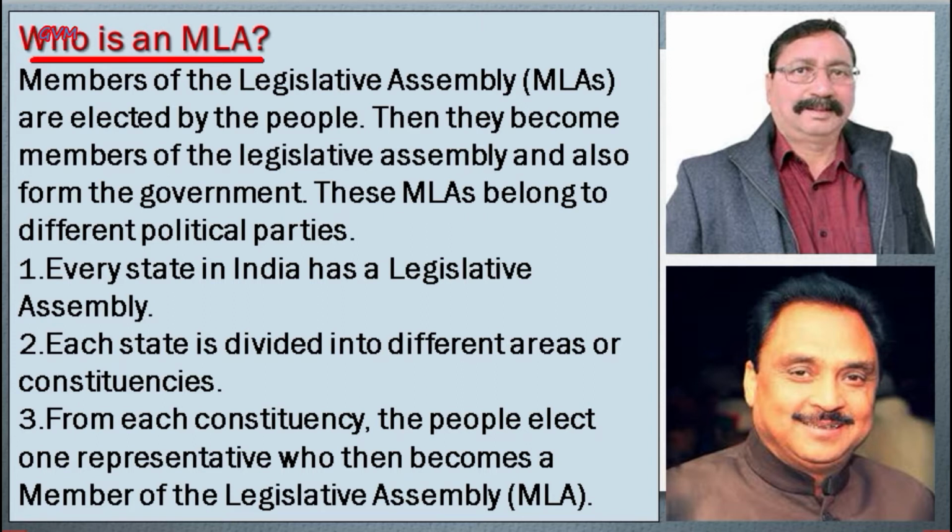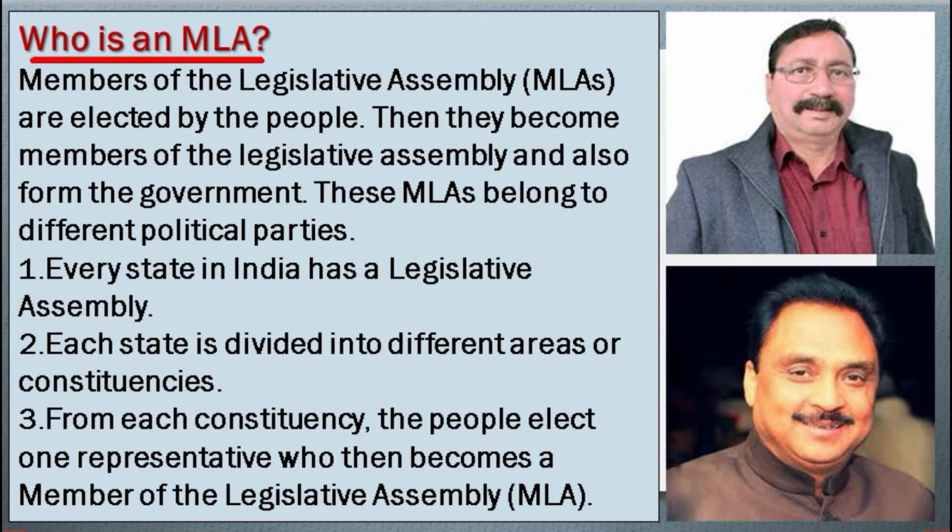Students, as I said, every Indian state is divided into different constituencies, and the number of constituencies in a state changes according to the size and population of the state.